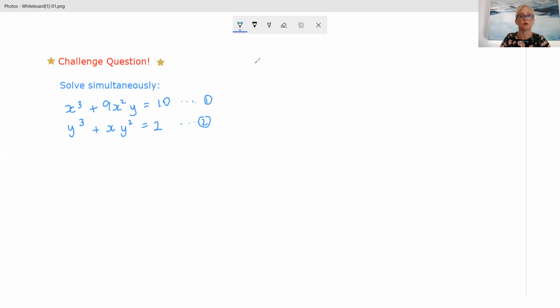Let's just write up what terms we're dealing with. We've got an x cubed term, an x squared y term, an xy squared term, and a y cubed term. None of those are the same. They're not like terms, so we're not going to be able to use elimination. So that's off the table.